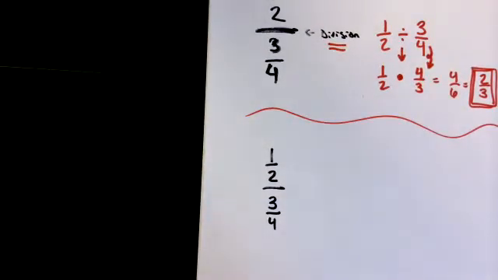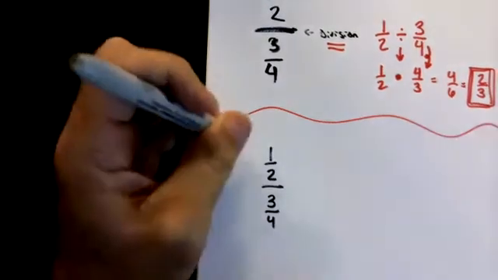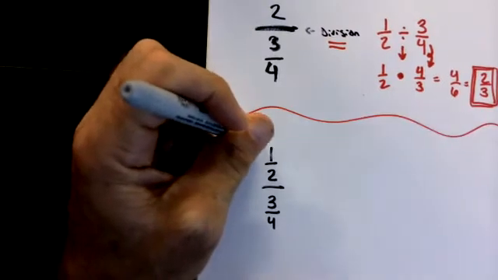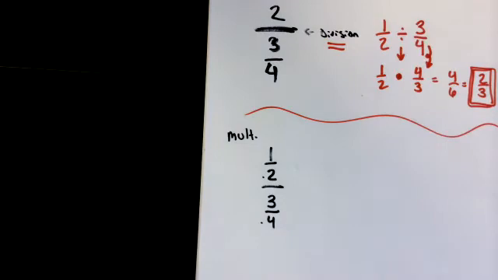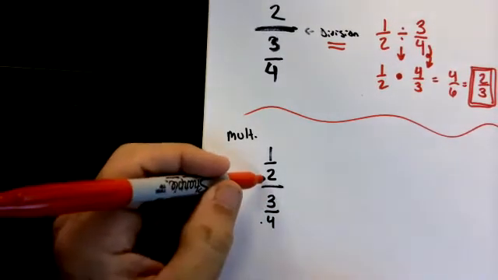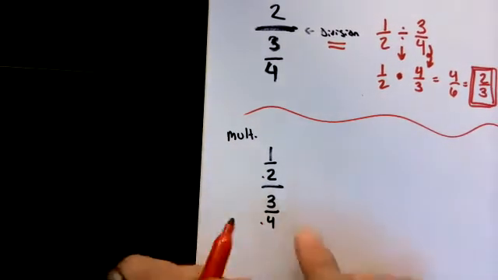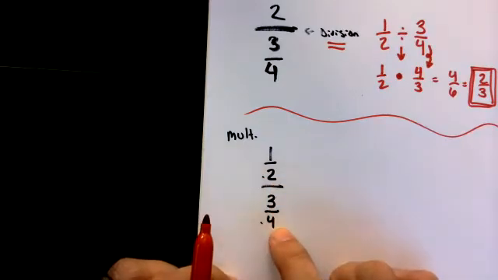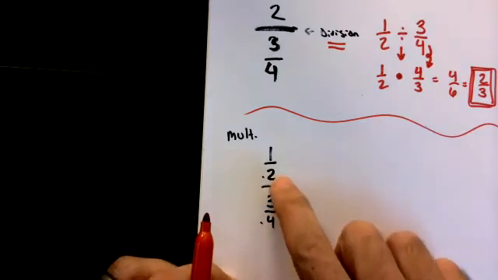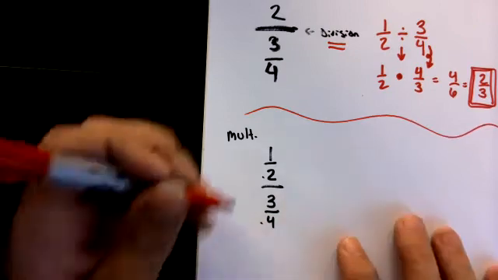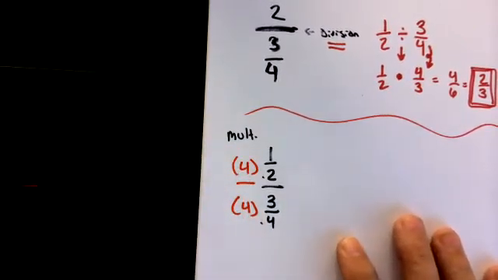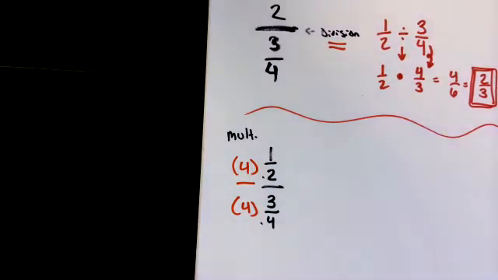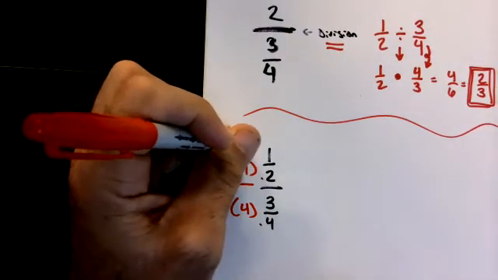To simplify a complex fraction, you can multiply everything by your lowest common denominator. So if we look at these denominators, denominator just means the bottom number of a fraction. If we're looking at 2 and 4, the lowest common denominator, what these both go into, is 4. So I can multiply the top and the bottom by that lowest common denominator.